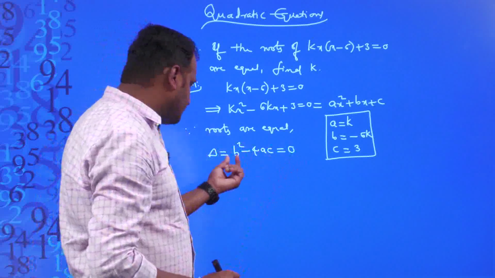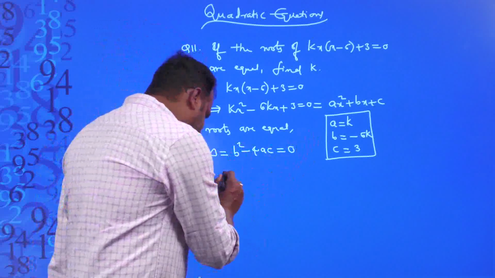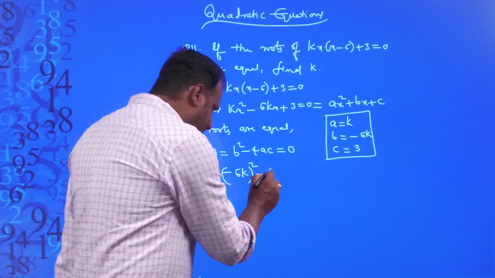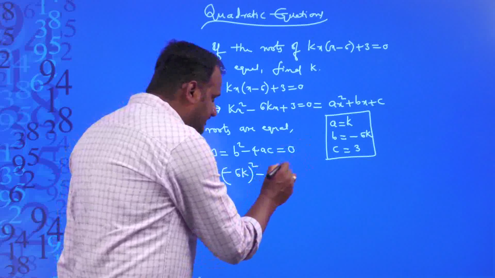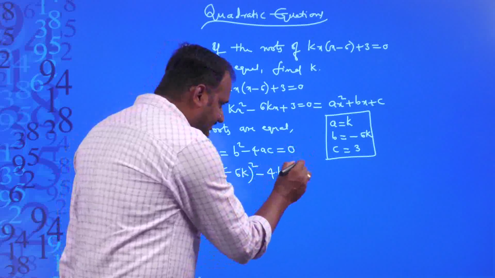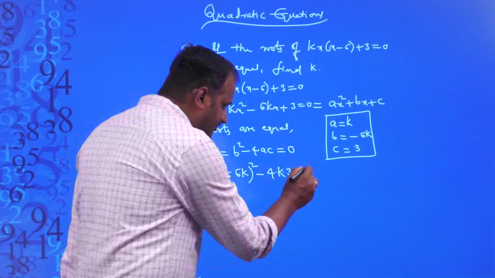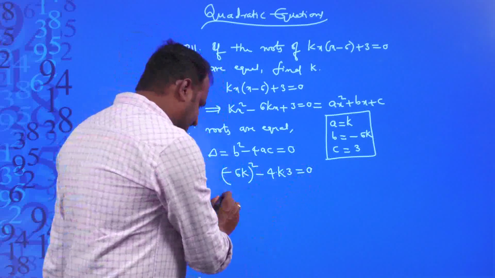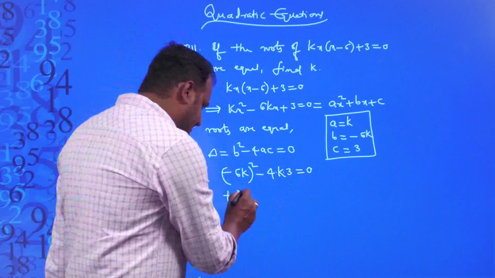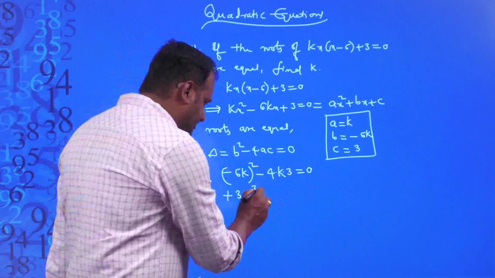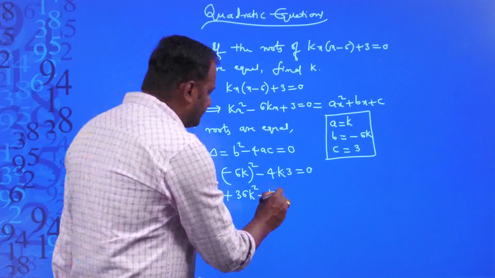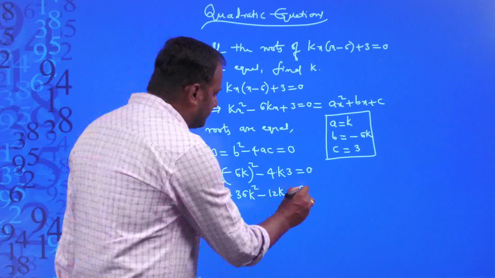Substitute b is equal to minus 6k, whole square, minus 4ac, 4 into a which is k and c which is 3, equal to 0. Minus square is plus, 6 square is 36, k whole square is k square, minus 4 into 3 is 12, into k is 12k, is equal to 0.